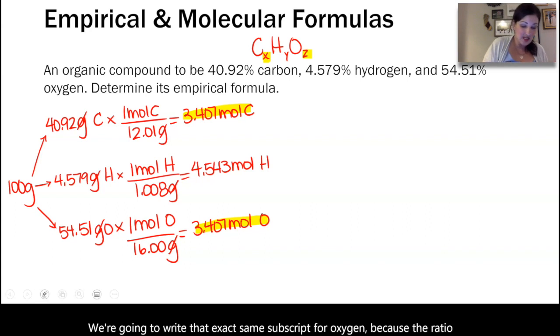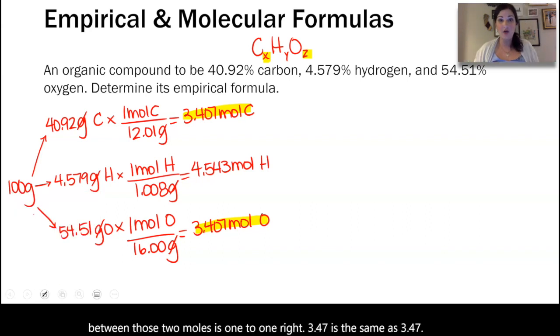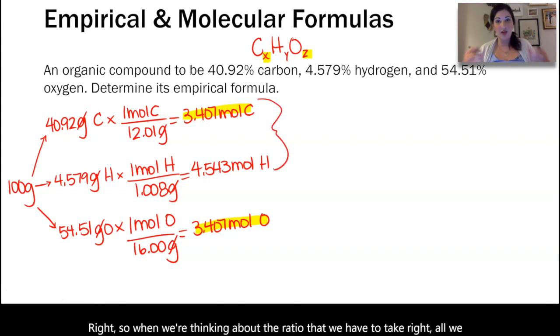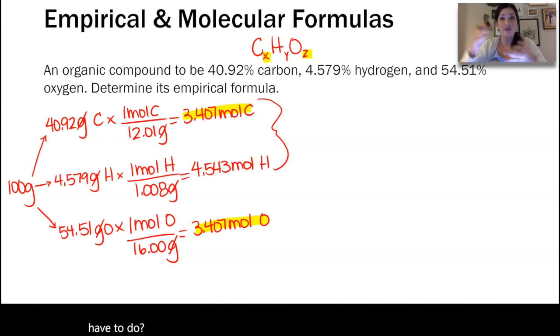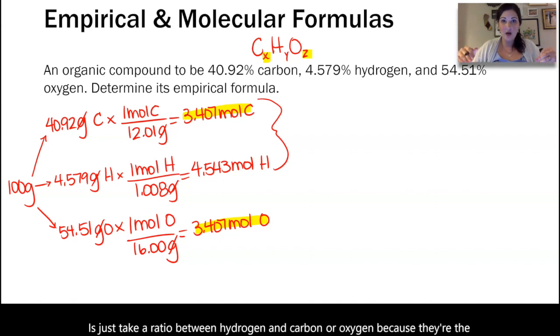So when we're thinking about the ratio that we have to take, all we have to do is take a ratio between hydrogen and carbon or oxygen, because they're the same. We're still going to take the bigger number, divide by the smaller number, but the smaller number is the same for each of them.